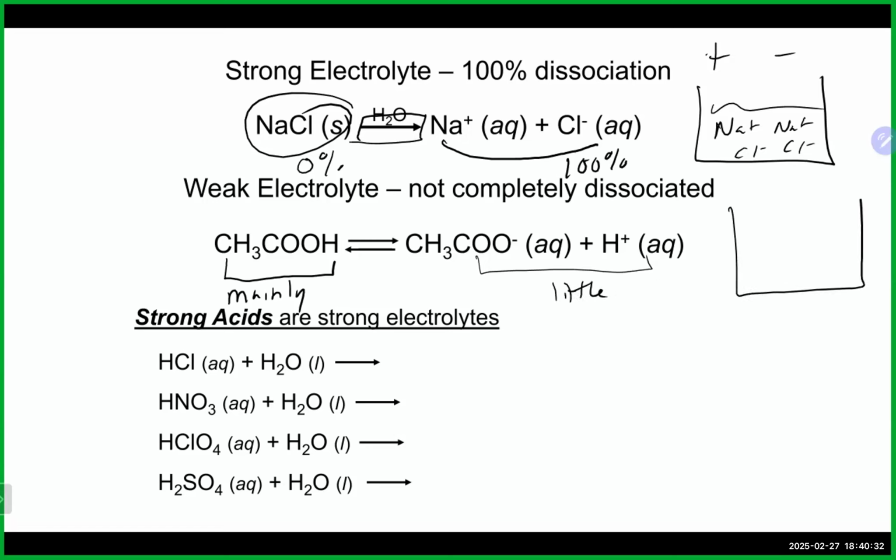So when you look at a beaker of that, you would mainly have that acetic acid still together. But you will get a little bit of ions floating around, like some acetate, a little H plus ions floating around. Since it's able to still produce some ions in solution, it's considered a weak electrolyte. It will not conduct electricity as well as a strong electrolyte.